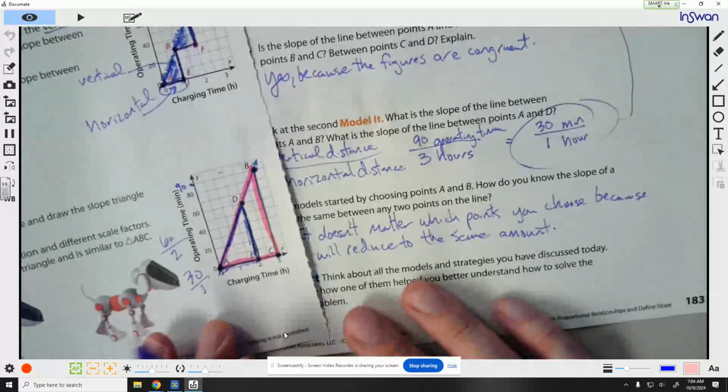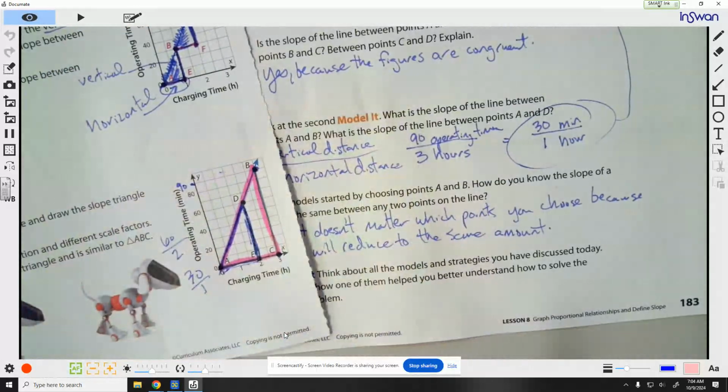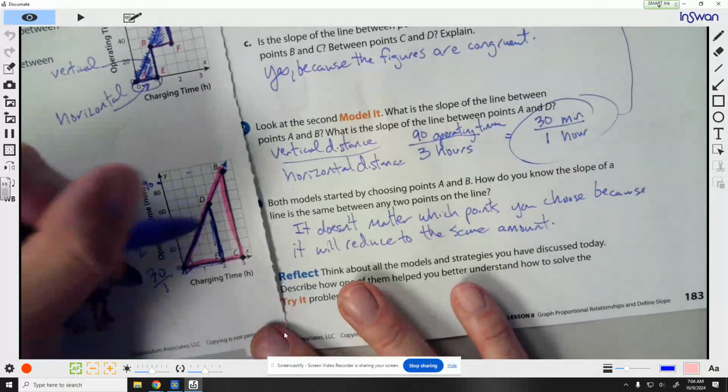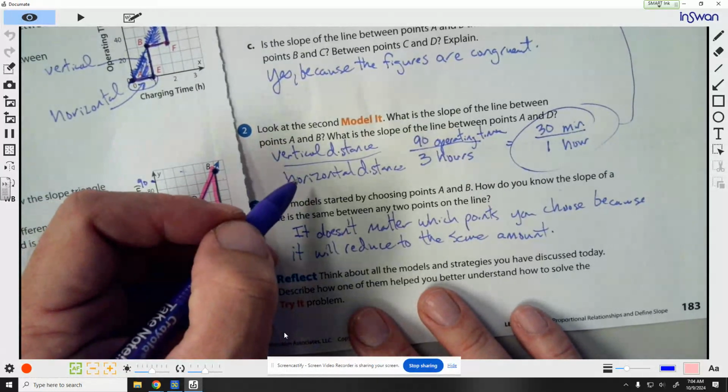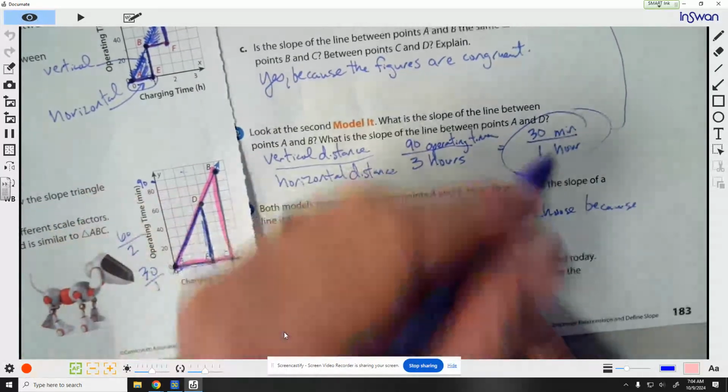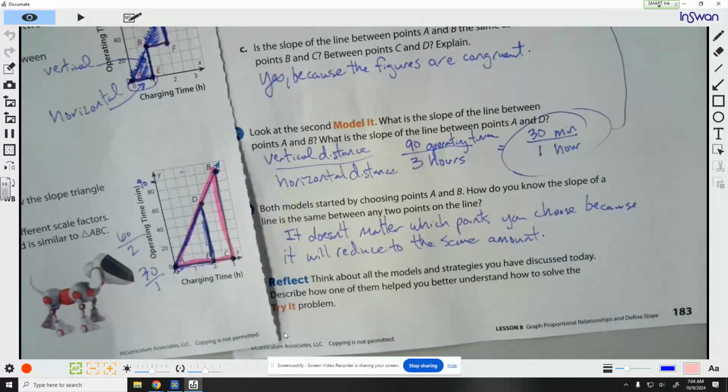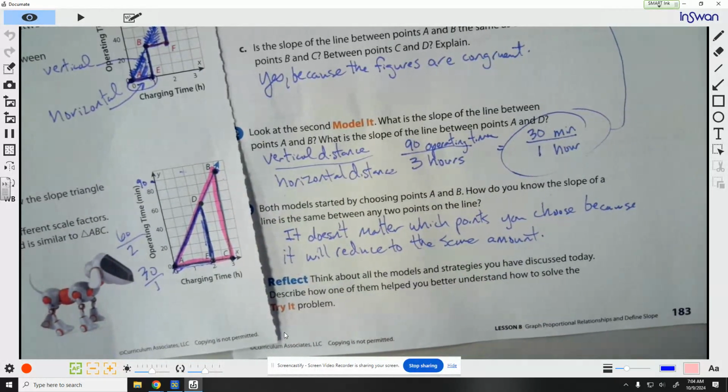So we see that number popping up in all the previous problems. So again, it doesn't matter which 2 points we pick. If we put them into this equation with the vertical distance over the horizontal distance and simplify, it's going to be the same slope. Okay, that is it for today.